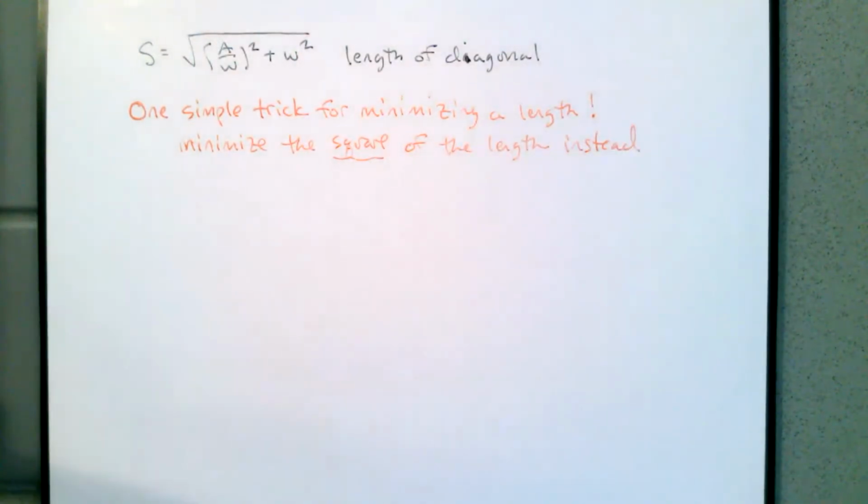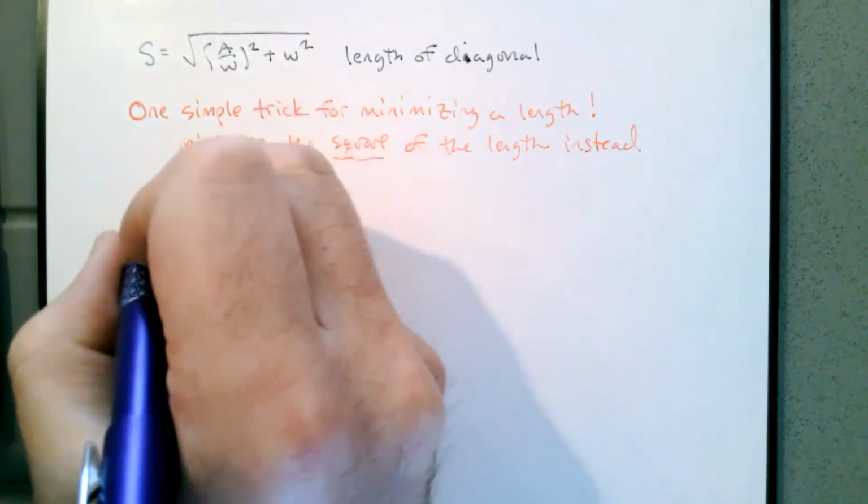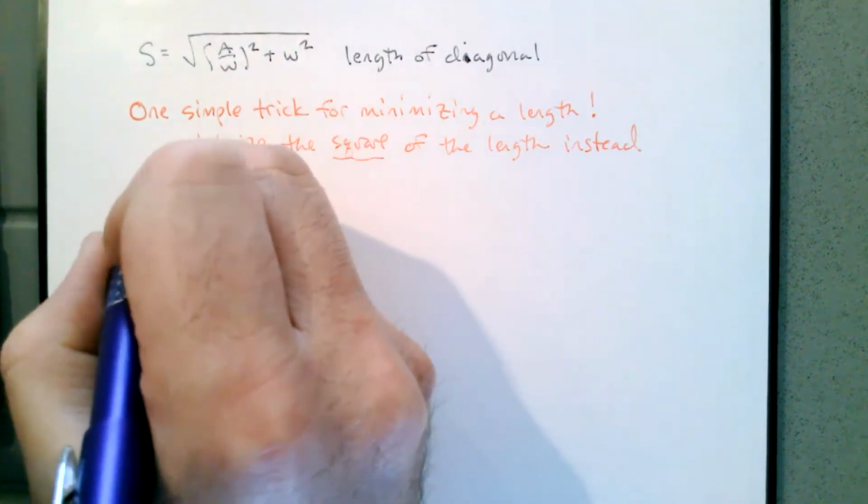The reason that you want to do this is that it gets rid of the square root part that made things messy. So instead of minimizing the length, minimize the square of the length.